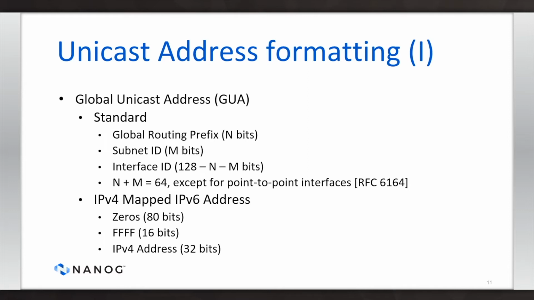And in this case, N plus M must equal 64, and the interface must also equal 64. But there are exceptions. There's an exception for point-to-point interfaces. You find that in RFC 6164. And when other things are encoded in the low order bits of the IPv6 address, you will also see this rule bent a little bit.